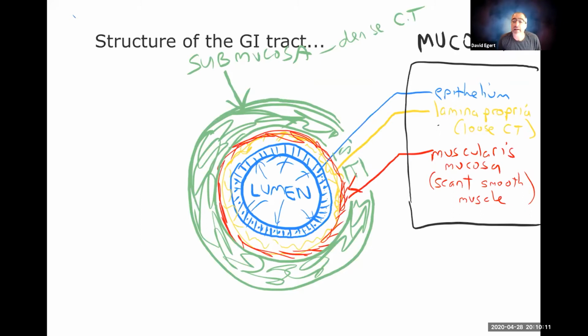Next comes the muscularis externa. The muscularis externa is the muscle that actually does squish your food around and move it around the tubes. So the muscularis externa has 2 layers. It has one layer of smooth muscle fibers that go around in a circle around the tube.